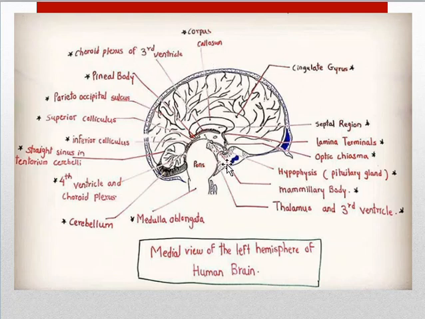This is the third ventricle, you can see here, and pineal body, parieto-occipital sulcus, superior colliculus, choroid plexus, corpus callosum, cingulate gyrus, septum pellucidum, lamina terminalis, optic chiasma, hypophysis, pituitary gland, mammillary body, thalamus and third ventricle, medulla oblongata, pons, cerebellum, fourth ventricle, choroid plexus, straight sinus, and tentorium cerebelli.